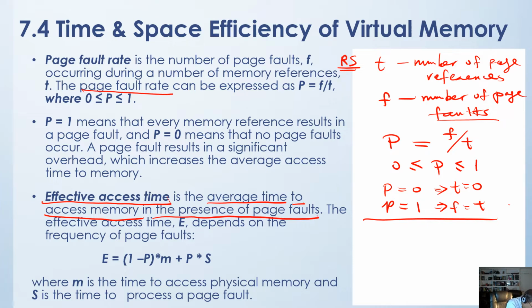Let's define the effective time as E. E will be calculated using this formula: (1 minus P) times M plus P times S, where P is the page fault rate and S is capital S. Now what is M? M is the time to access physical memory.